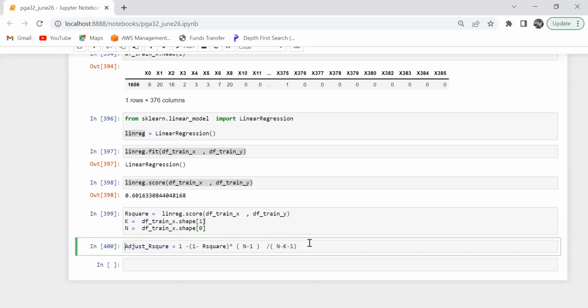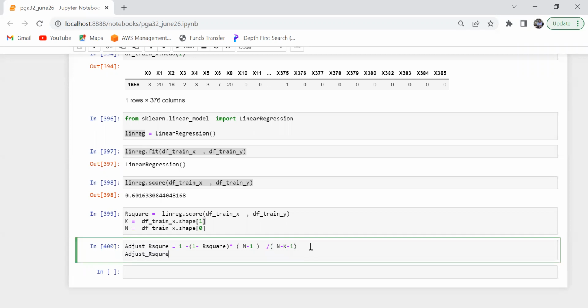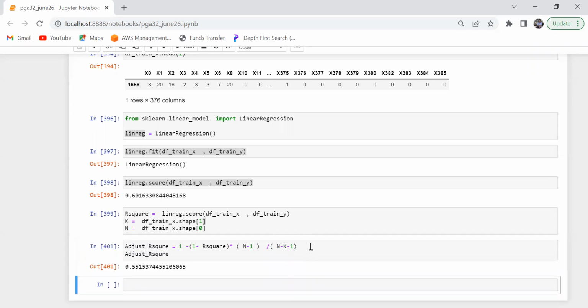So what is the adjusted R square? Around 0.55 आ रहा है. तुम लोग का कितना आ रहा है? 0.53, 0.54. Fair enough, not an issue.